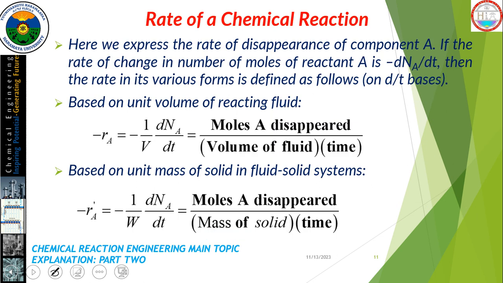The second point is the rate of the reactions. Here we express the rate of disappearance of component A. The rate of change in the number of moles of reactant A is minus dNA by dt, moles of A with time.